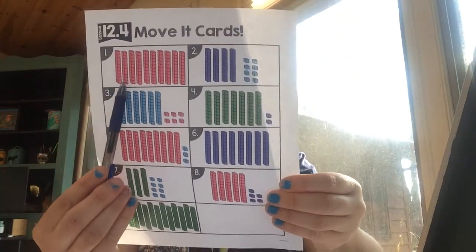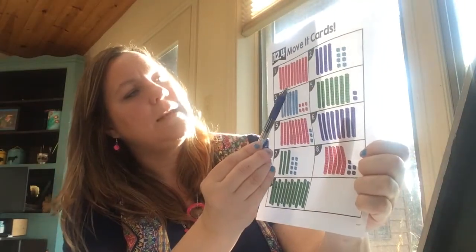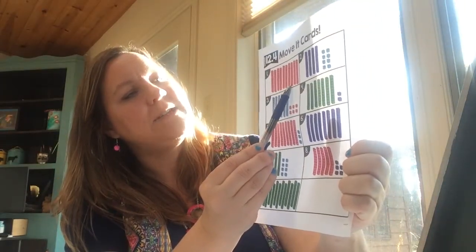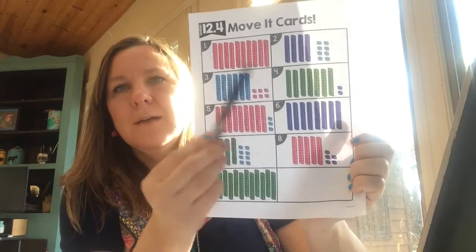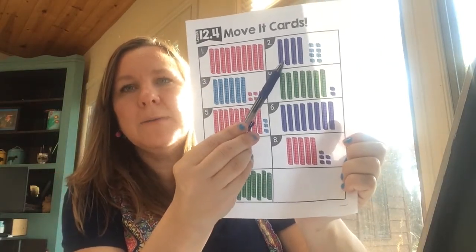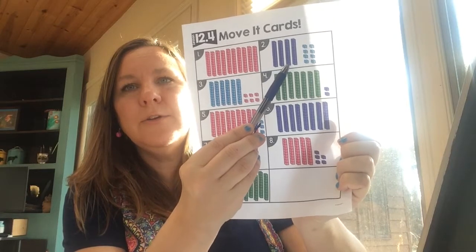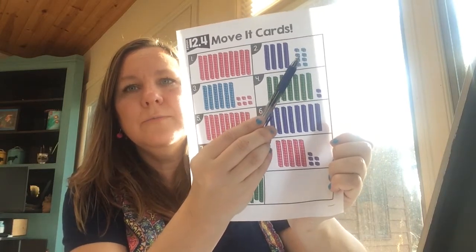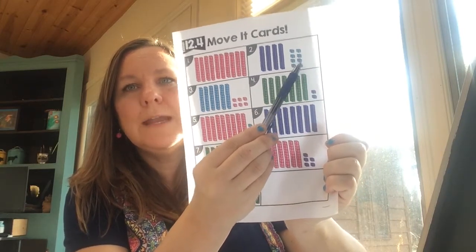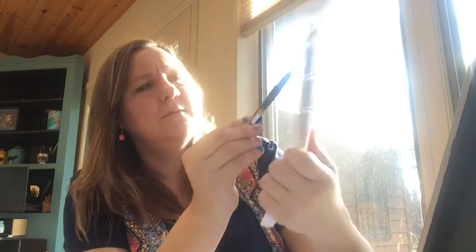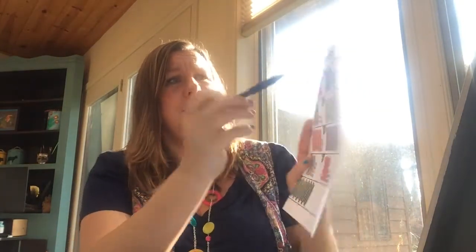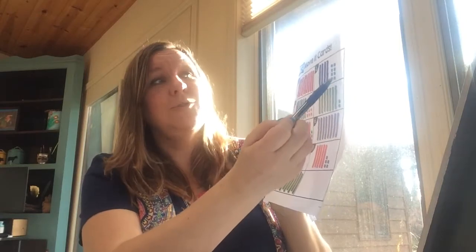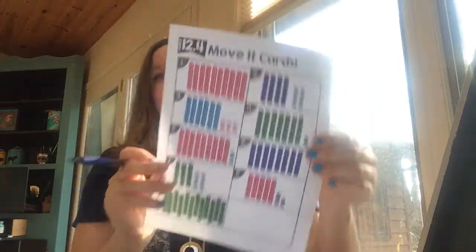Do you remember this? Just counting the groups. So in this one, we would say 10, 20, 30, 40, 50, 60, 70, 80, 90, 100. How many in number 2? Count them up. 10, 20, 30, 40, 42, 44, 46, 48. Mrs. Moore, where is your math brain? 40, 42, 44, 46, 48.